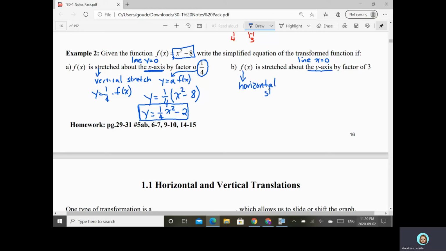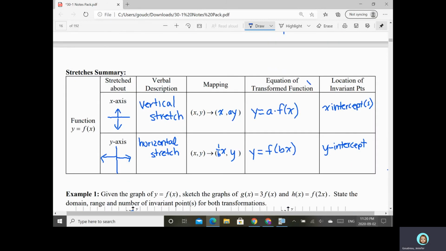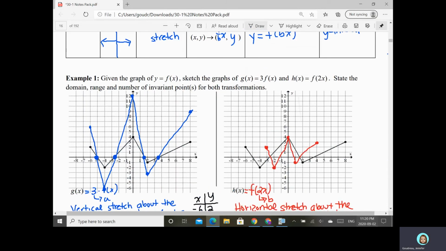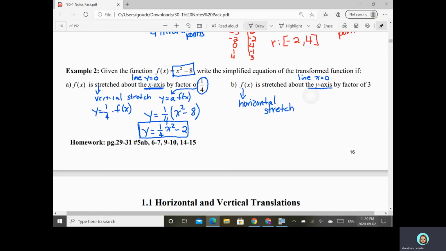If we are dealing with a horizontal stretch, that means we are dealing with a B value. And the B value goes right in front of the x. So we are looking at y equals f at bx.